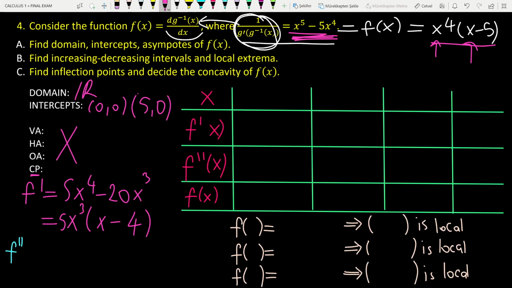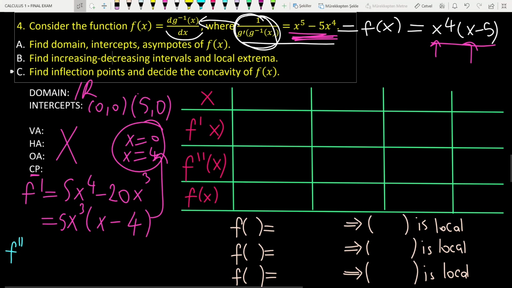So we have 2 points that make f prime 0. Let me write down these 2 points. x equals 0 and x equals 4 make f prime 0. They are in the domain of the function. This is why they are the critical points of the function.